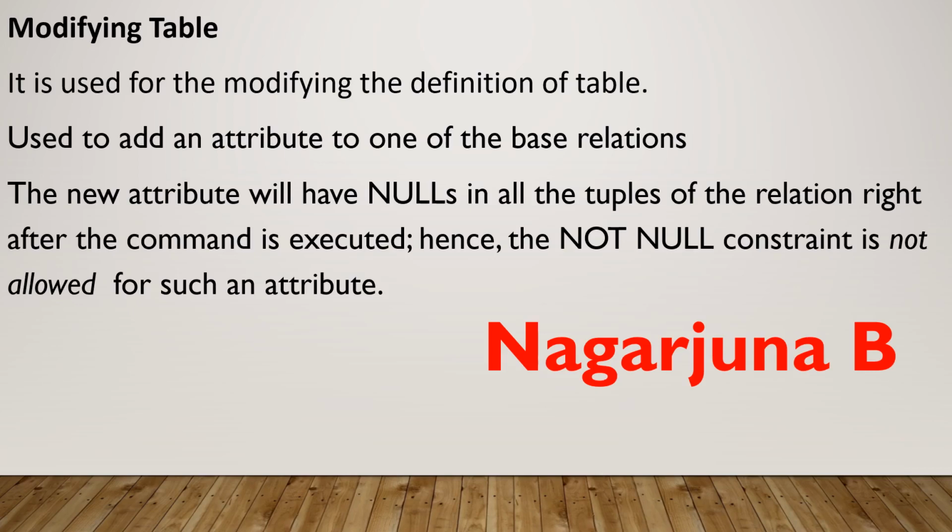That means when we execute the alter table command to add an attribute, it will add an attribute and that attribute will have null values for all the tuples of the relation after the command has been executed.